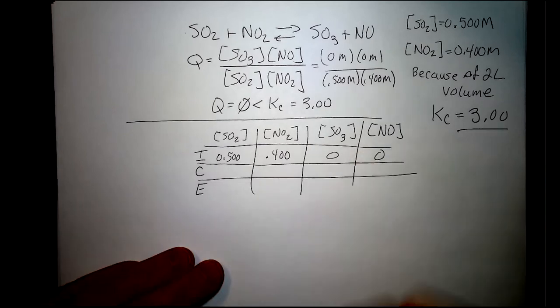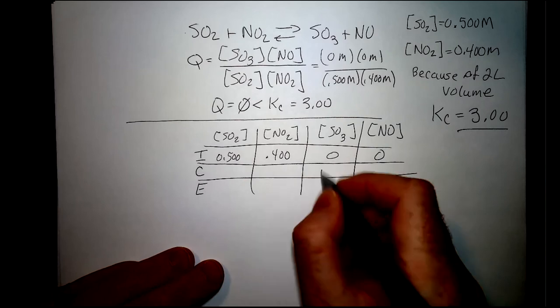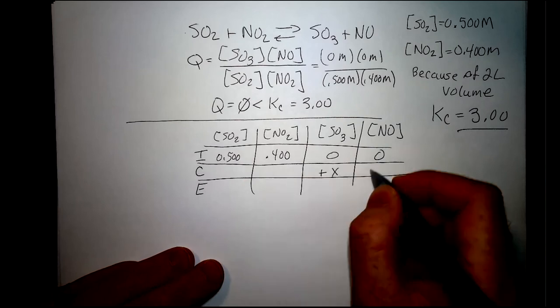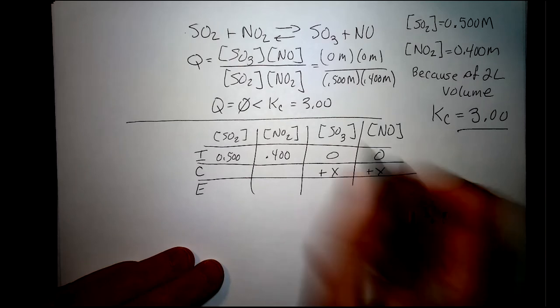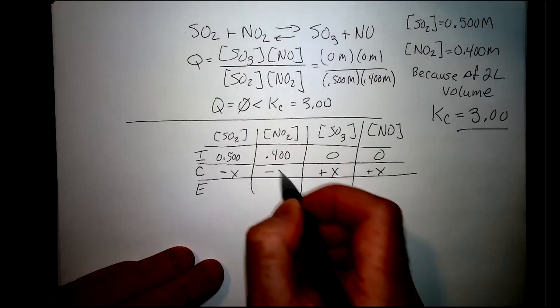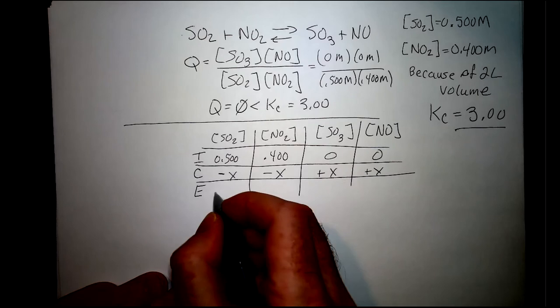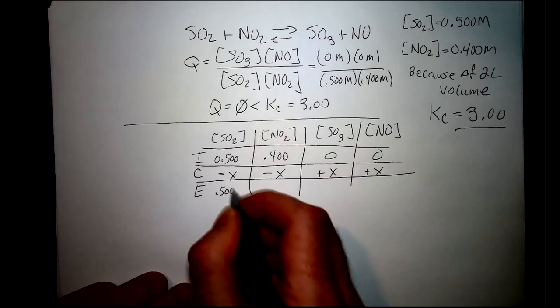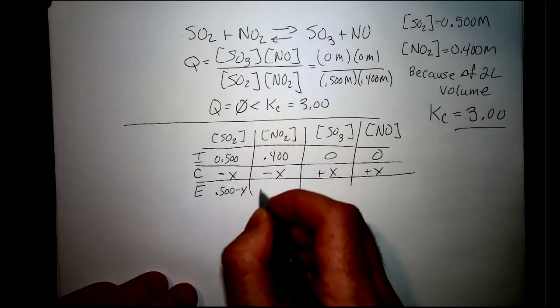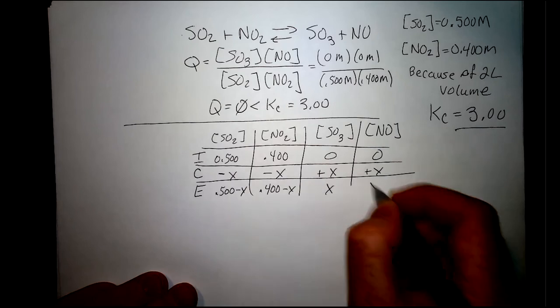So we're going to say that I gain x of each product, because the stoichiometry is all 1 to 1, but I'm going to lose on the reactant side. And so I'd end up with 0.500 minus x, 0.400 minus x, x, and x.